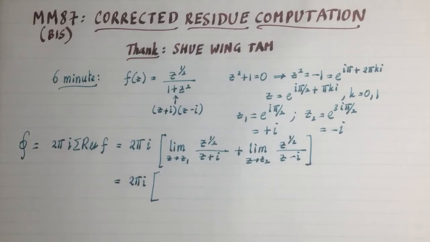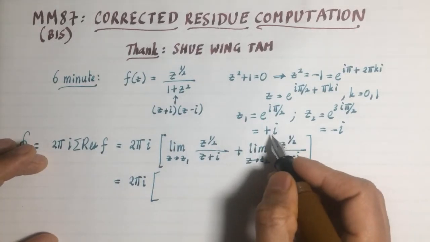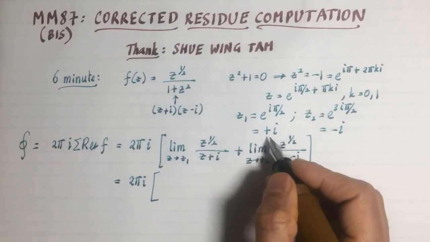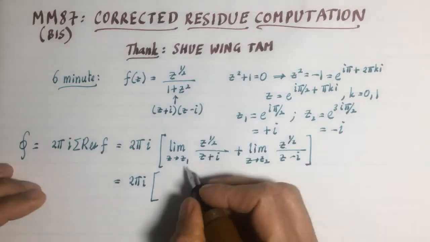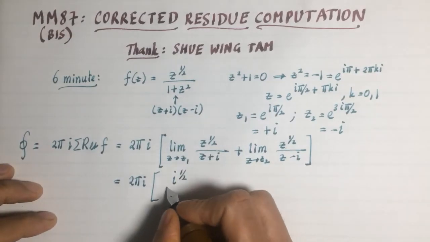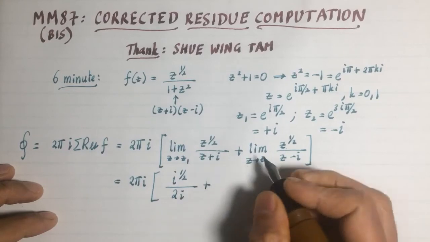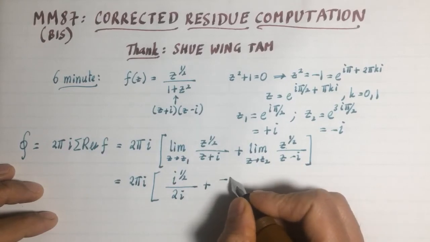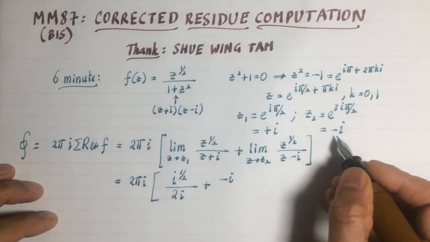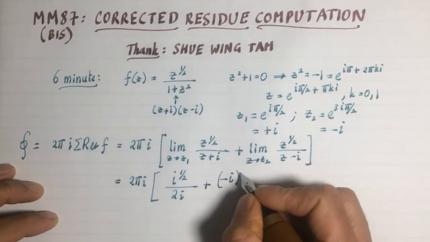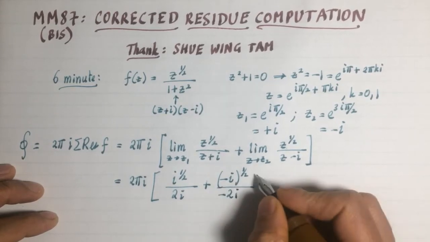That's 2 pi i times, well, z goes to z1 means z goes to i. So I'm going to write this as i to the half over i plus i, which is 2i. And z goes to z2 means it's going to minus i. So it's minus i to the half over negative 2i.